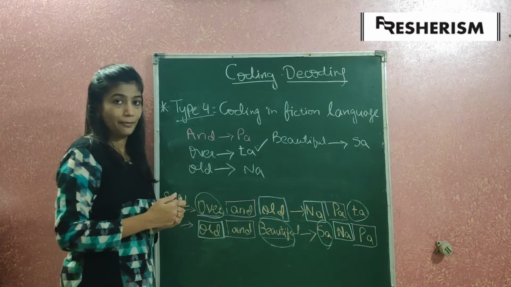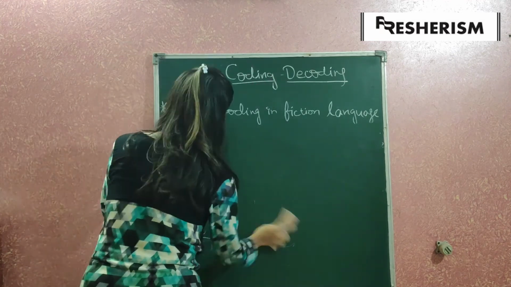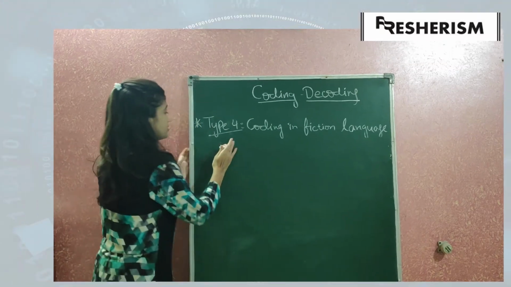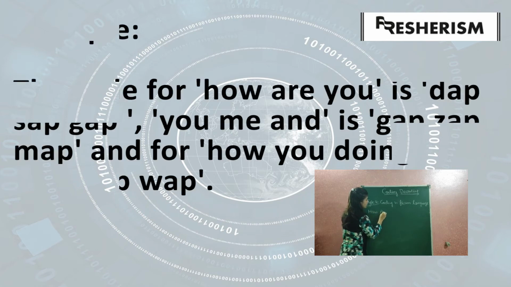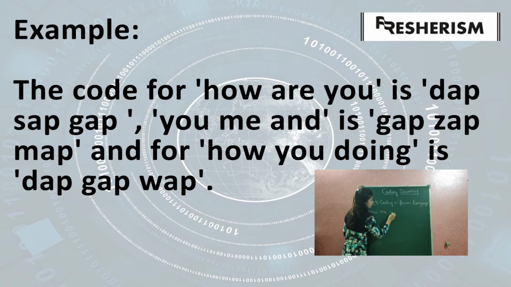Let's check another example. Suppose the words are how are you, and the code for how are you is DAP, SAP and GAP.